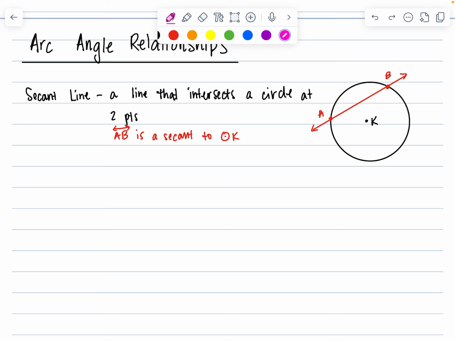We could also have, for instance, a tangent line that intersects at exactly one point, and we have a couple different options here. For instance, what is this particular angle? If we have a secant situation, we could solve for that by doing a couple things.